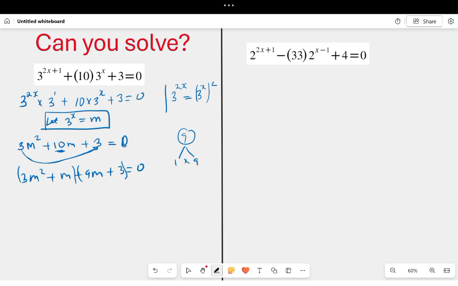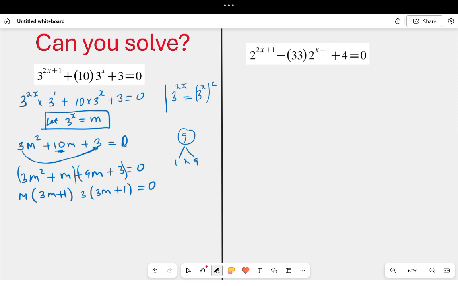In 3m squared plus m, m is common, so outside the bracket we have m(3m plus 1). Over here we have 9m plus 3, so 3 is common. Outside the bracket, 9m divided by 3 gives 3m, and 3 divided by 3 gives 1, which is equal to 0.